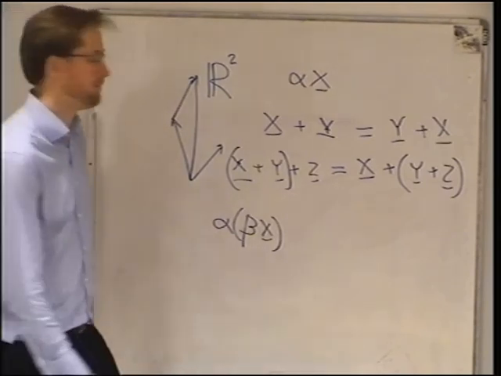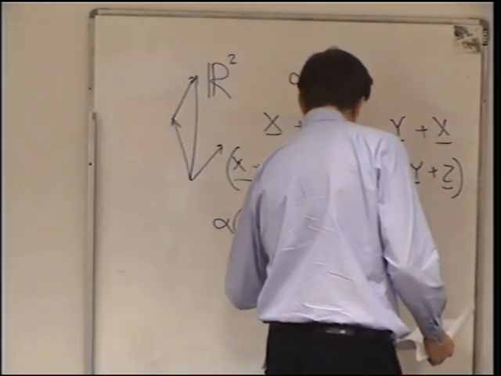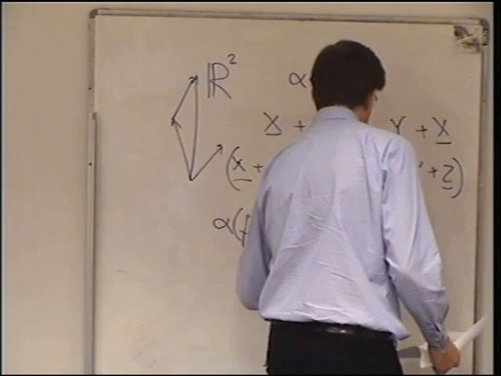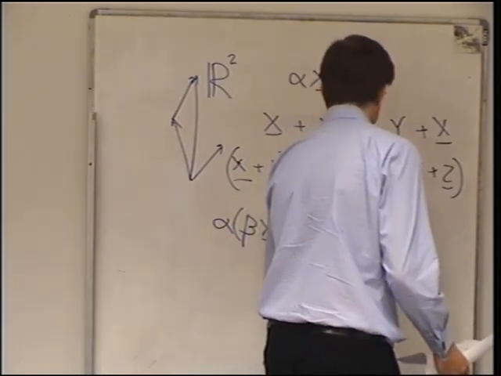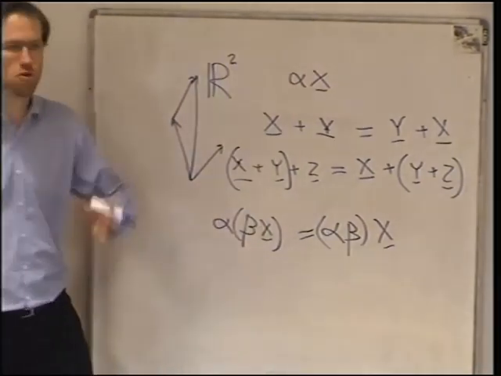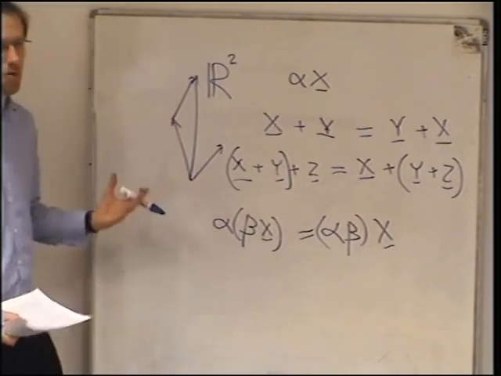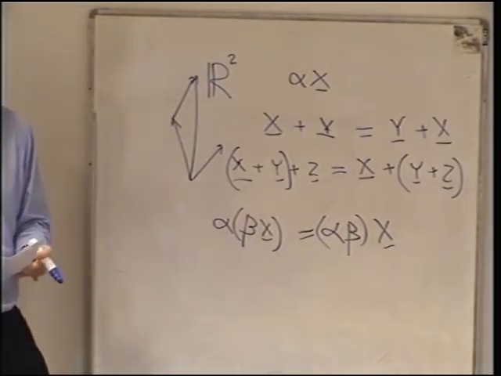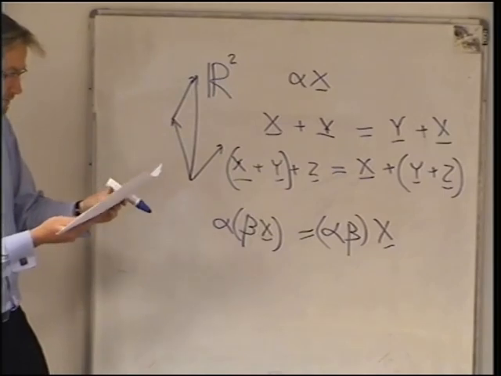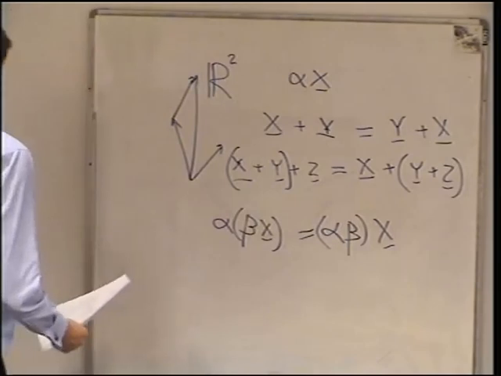And multiplicative associativity says that that has to be the same as alpha times beta times x. Now, in the normal case of Rn that you're used to, that's obviously true. So that's not a big surprise, but it's a requirement that that be true in order that we still have a vector space.